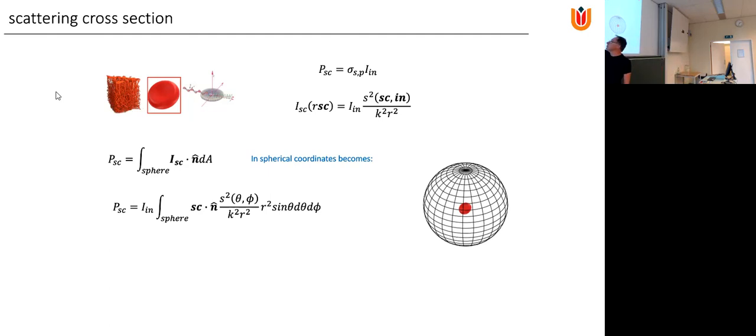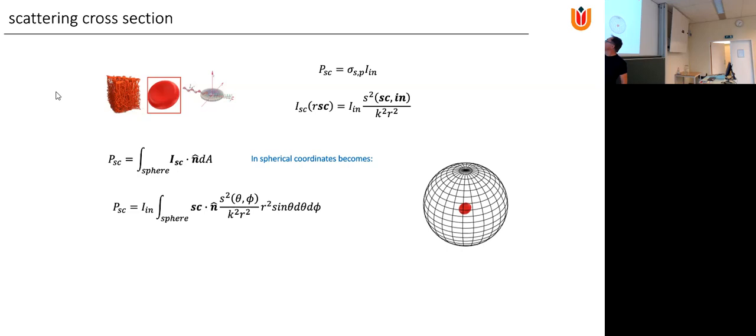Combining all the equations, the scattered power is proportional to the incident power, and then this integral term has the inner product of the direction of observation with the normal to the sphere surface. Well, that's easy because we're looking far away at the sphere, so these two directions are always aligned. So this part will just vanish.